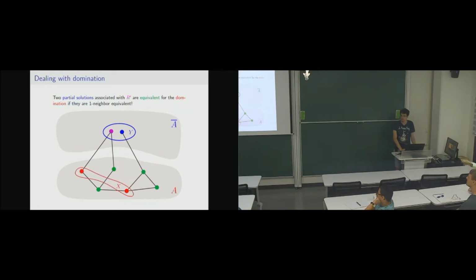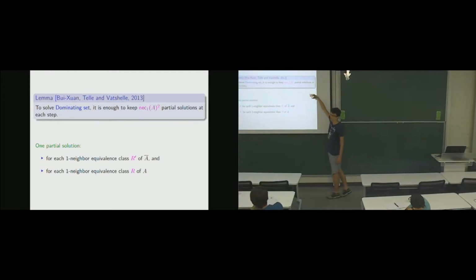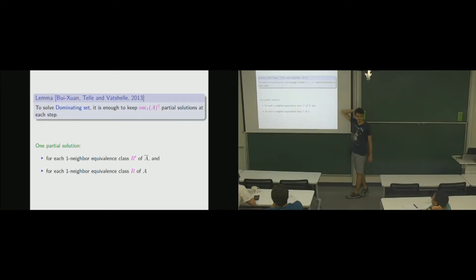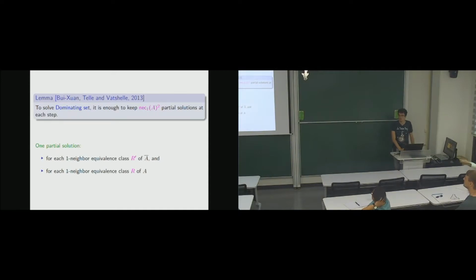For example, these two partial solutions are equivalent, so you just need to keep the minimum one. In fact, at each step, it is enough to keep a nec of A square partial solutions. Is it okay? So this is for the domination, and if you want to solve the dominating set, it is fine.